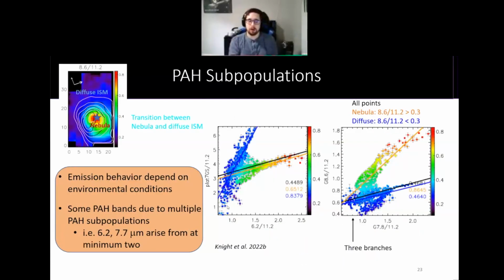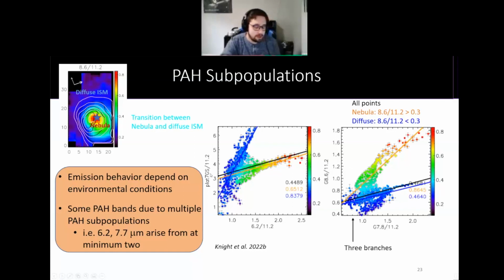So when we look at even more correlations, color-coded by the 8.6 over 11.2 PAH ratio, we break this up into three different subregions: the nebula, the transition region between the nebula and the diffuse ISM, shown in cyan, and finally the diffuse ISM.